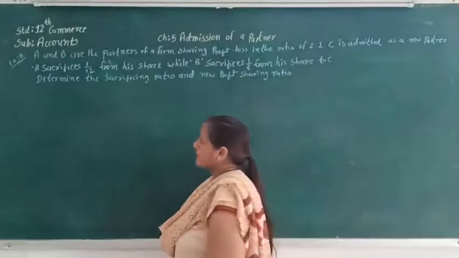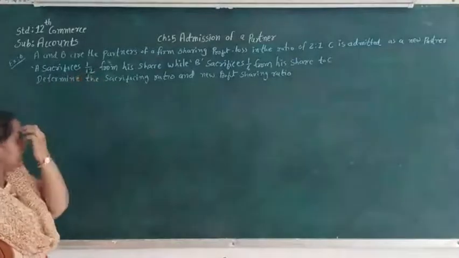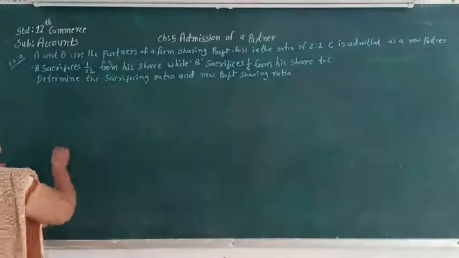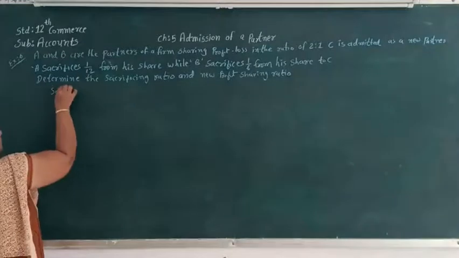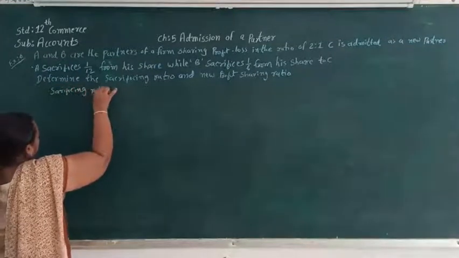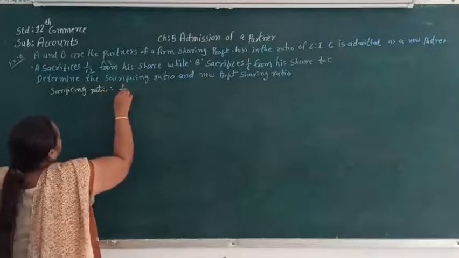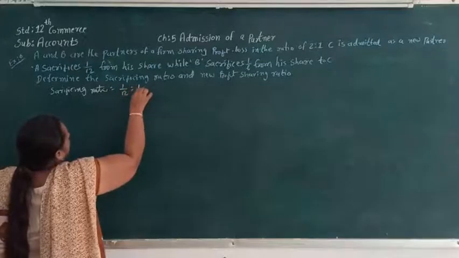So here we can see that A sacrificed 1/12 and B sacrificed 1/6. So the sacrificing ratio is equal to 1 by 12 is to 1 by 6.